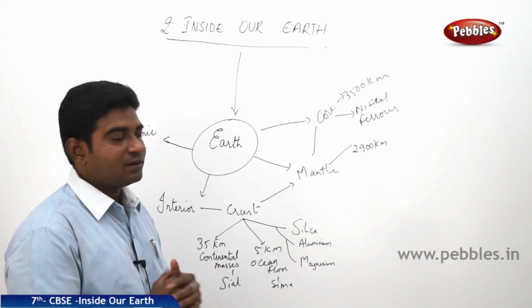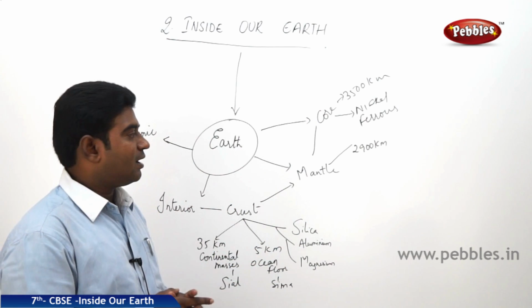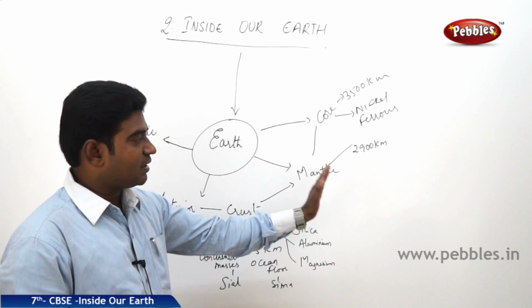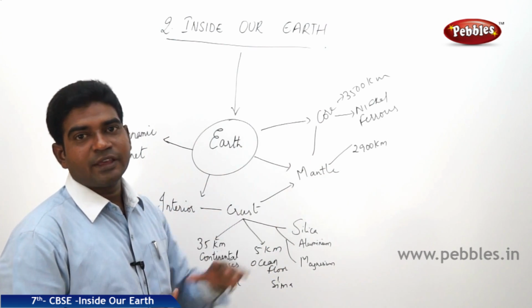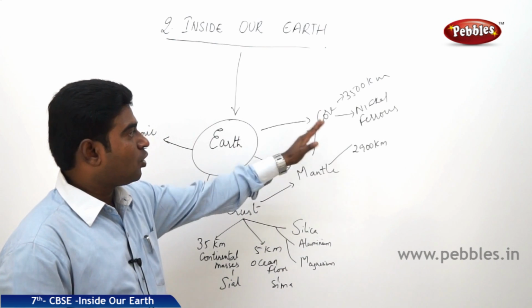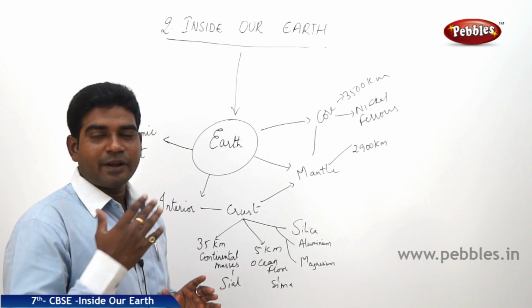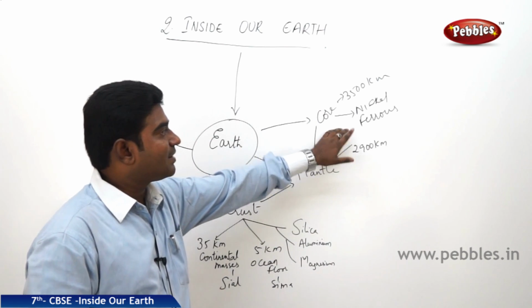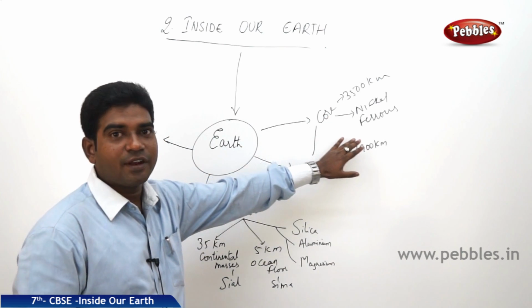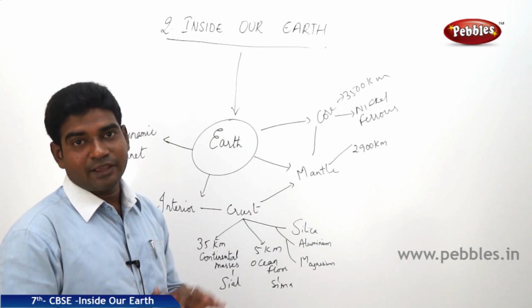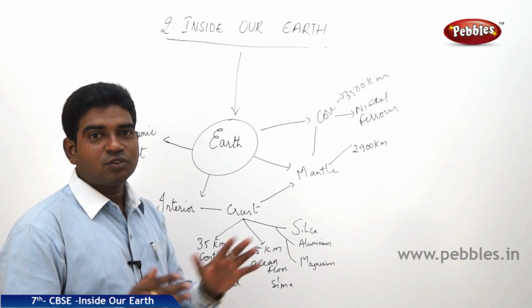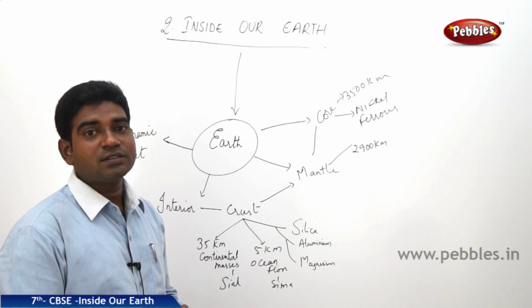Coming to the mantle, it has a radius of 2900 kilometers and we find minerals like silica and magnesium here also. And in the core, which is spread over a radius of 3500 kilometers, we find minerals like nickel and ferrous, so we call it NiFe: Ni from nickel and Fe from ferrous.